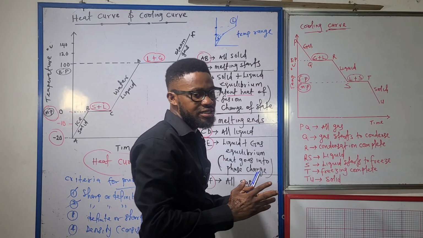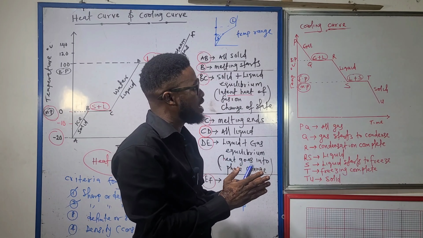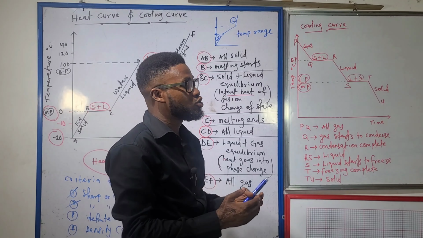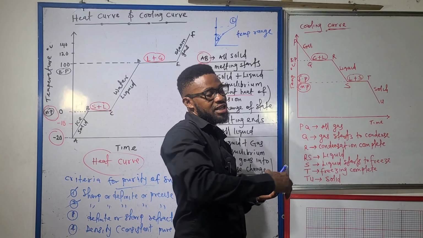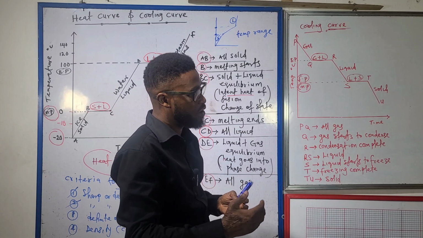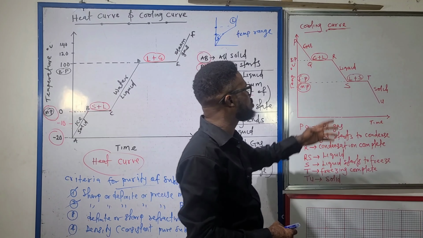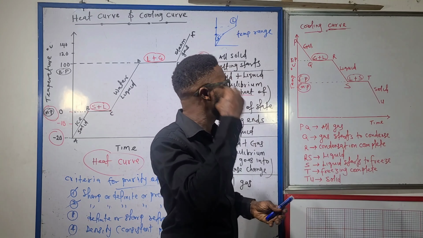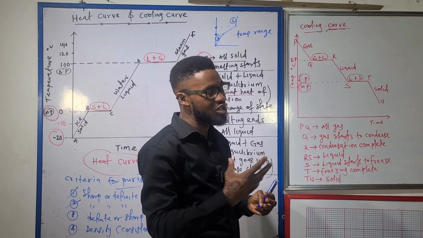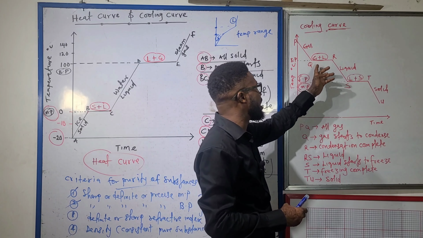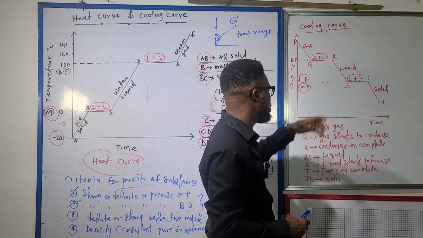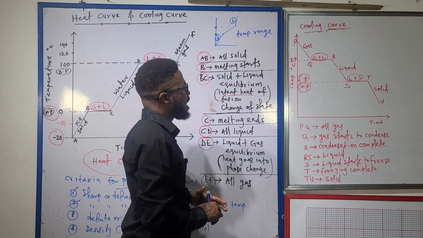But all of the gases do not change to liquid all at once. Those particles of gas that have lost enough heat energy change to liquid, while those with still appreciable energy continue to remain a gas, so that between Q and R we say gas and liquid are at equilibrium.